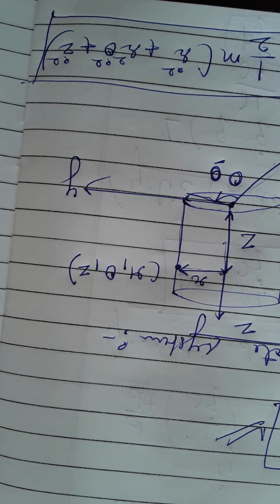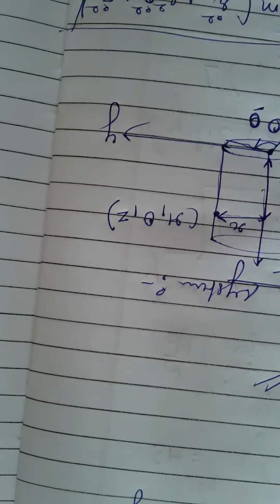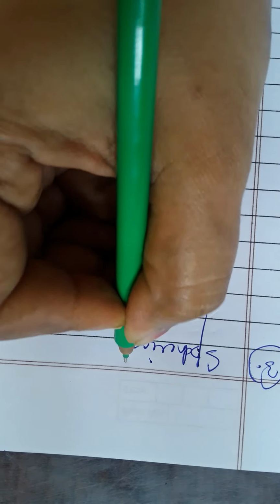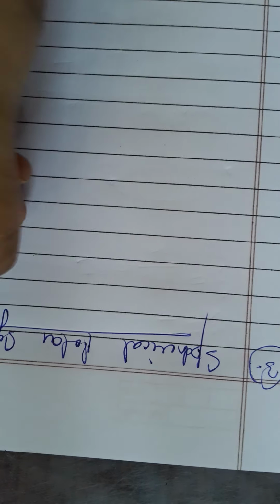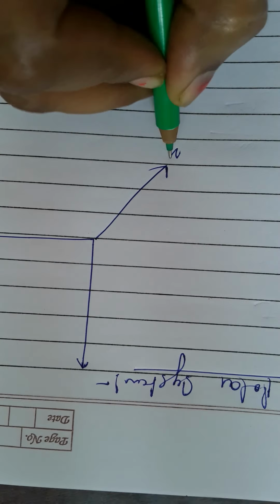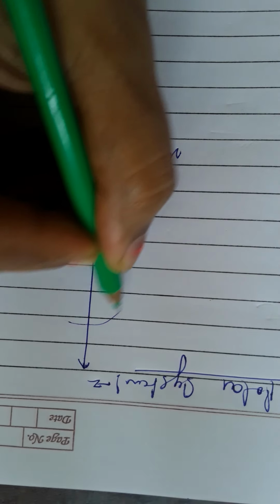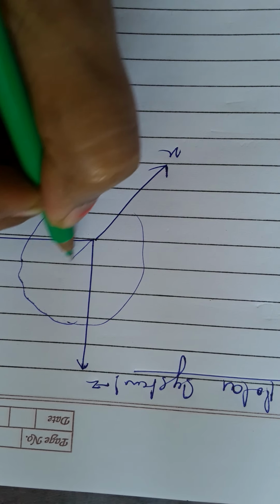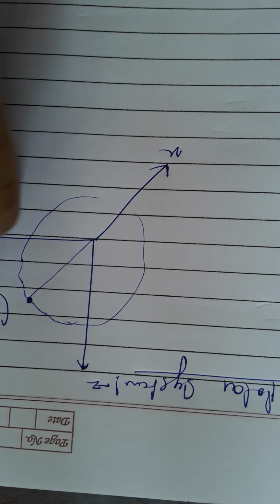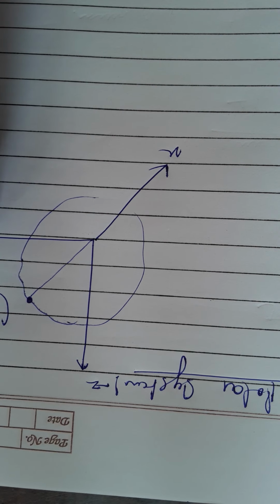Okay, the last system, let's see it once, then we will move forward: the spherical polar coordinate system. For spherical symmetry we use this. Here, if any particle is here, we need just three coordinates, that are r, theta and phi.